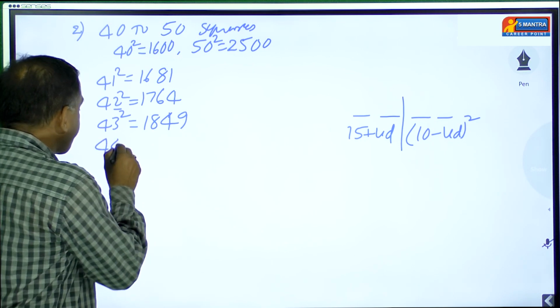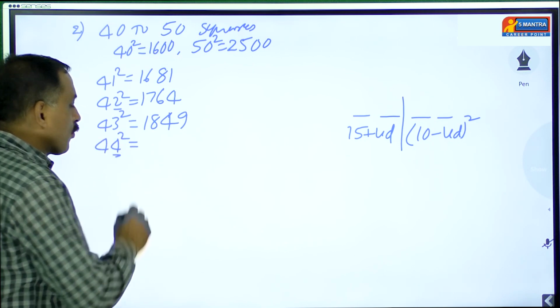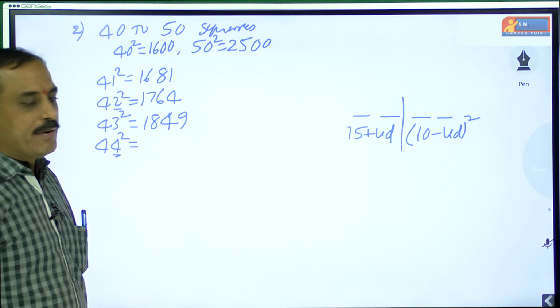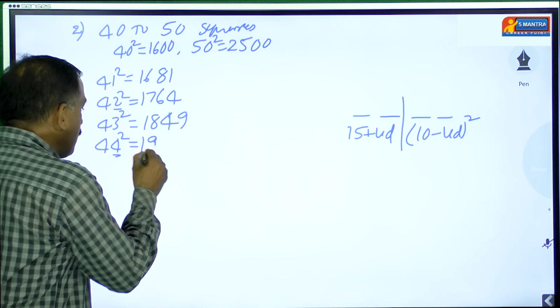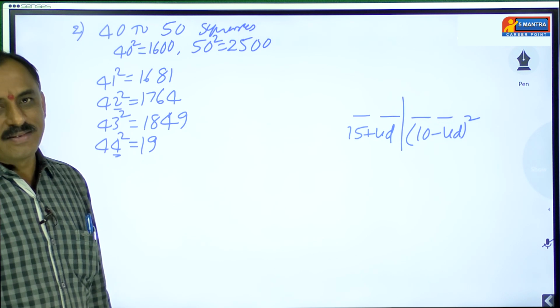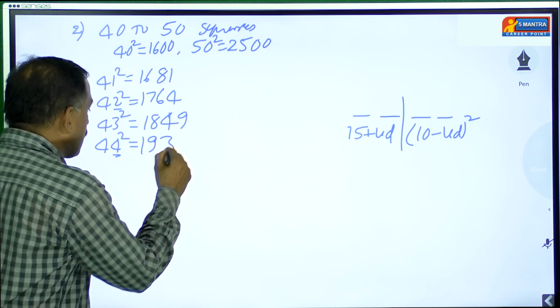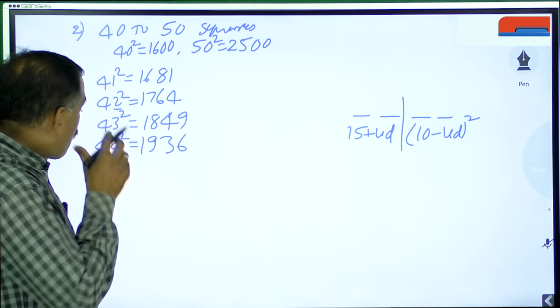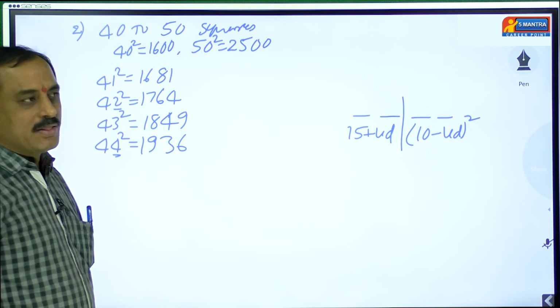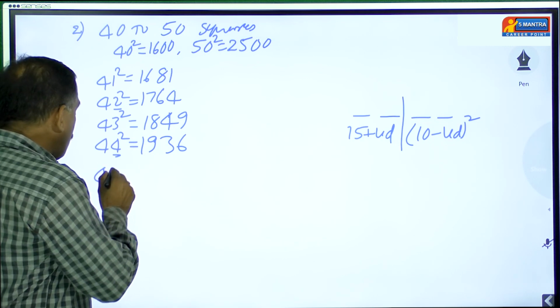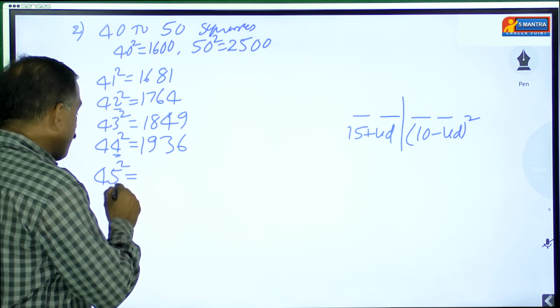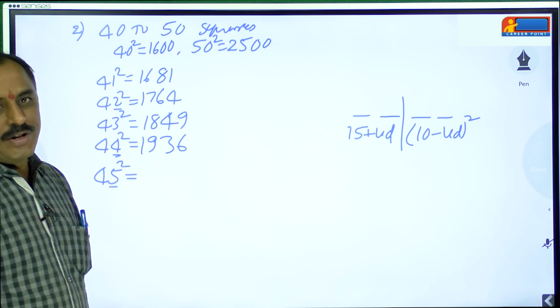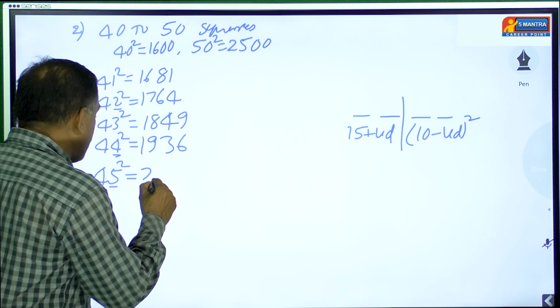44 square. 15 plus a unit digit. 15 plus 4 is 19. Then 10 minus 4 is 6. 6 square is 36. Okay. So the 44 square is equal to 1936. What is 45 square? 15 plus 5 is 20.